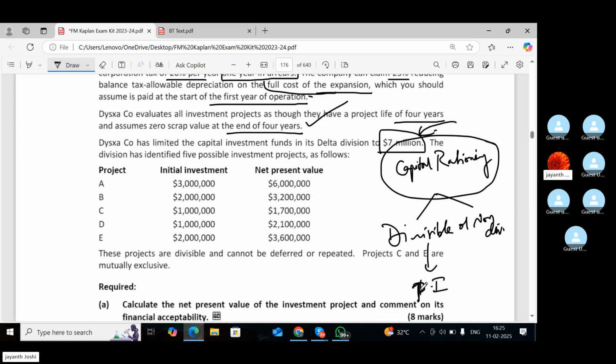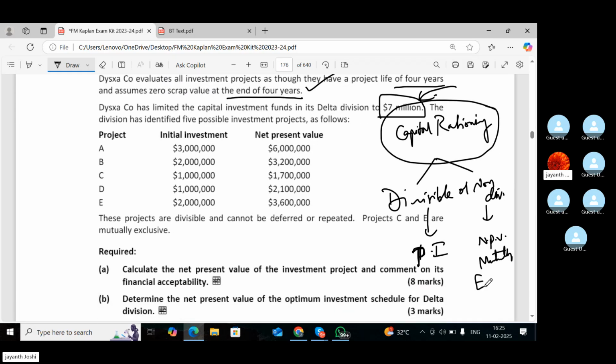You have to find out the profitability index. And for the projects which are non-divisible, the best criterion is NPV. That is for mutually exclusive projects. Mutually exclusive projects are those where you need to select only one. You cannot take two.